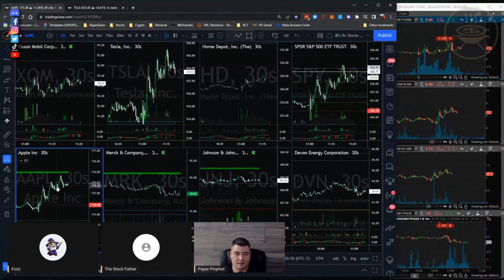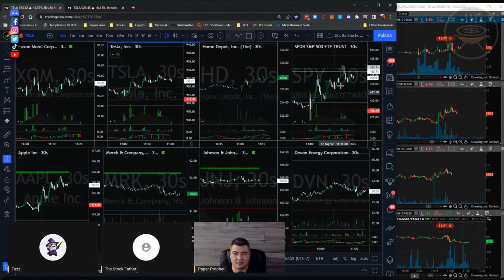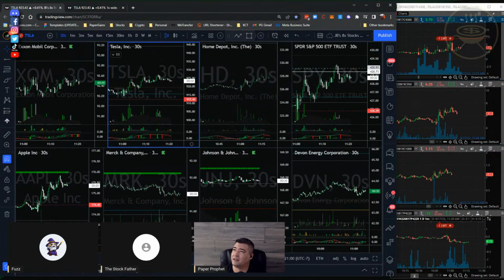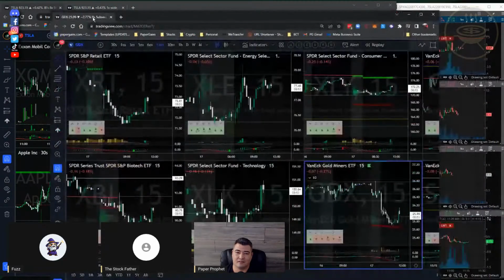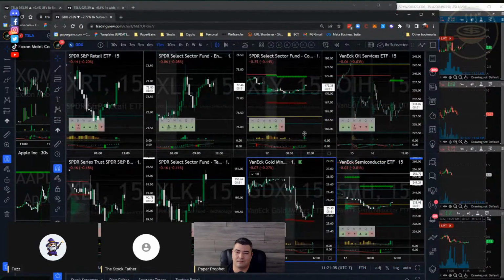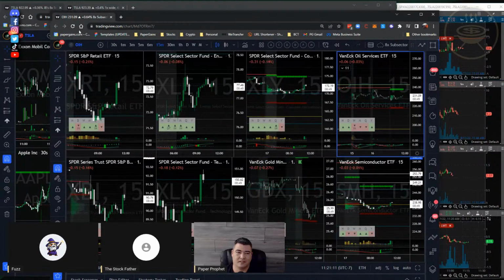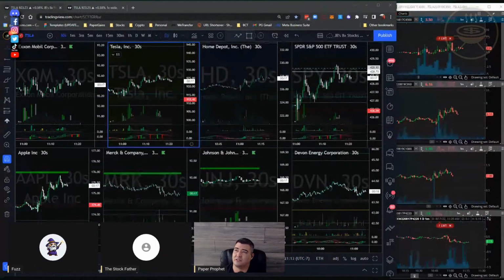So Apple here, same thing. Tesla here, market confluence in general. I got a whole other screen, by the way. I have 7 screens. These are sectors, right? So subsectors, a couple of analysis views, major indices, etc.